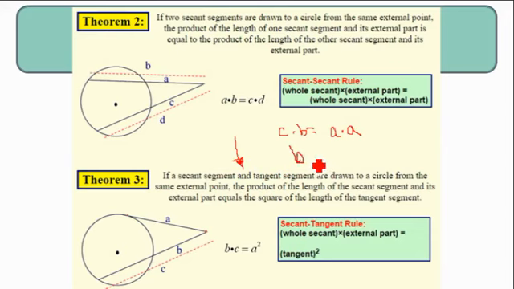So you got B times C equals A squared, because the whole thing is external here because it is a tangent line. And so don't worry about these numbers, by the way. These numbers don't mean anything. That's just the order they were in the resource that I found them. So don't worry about those.